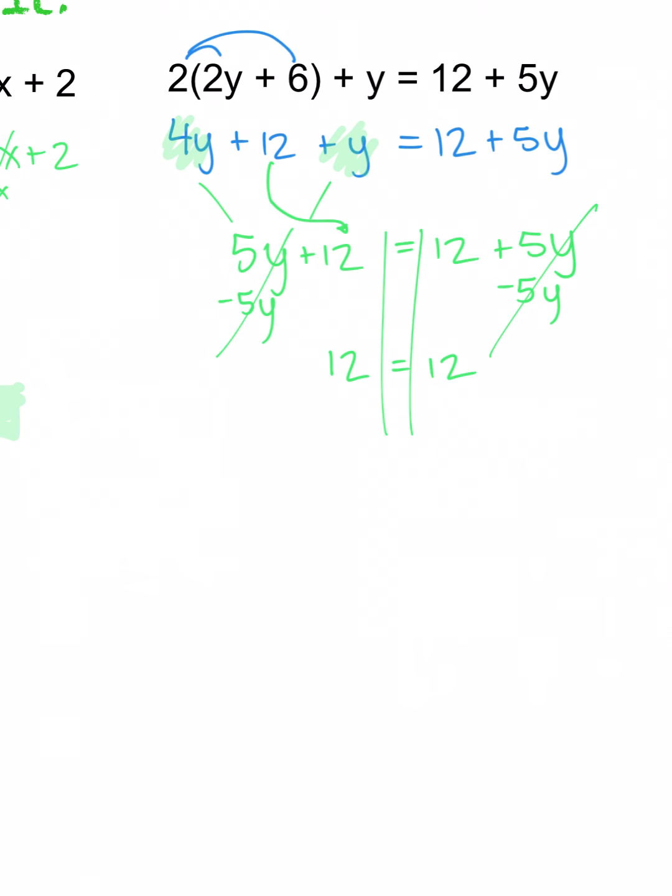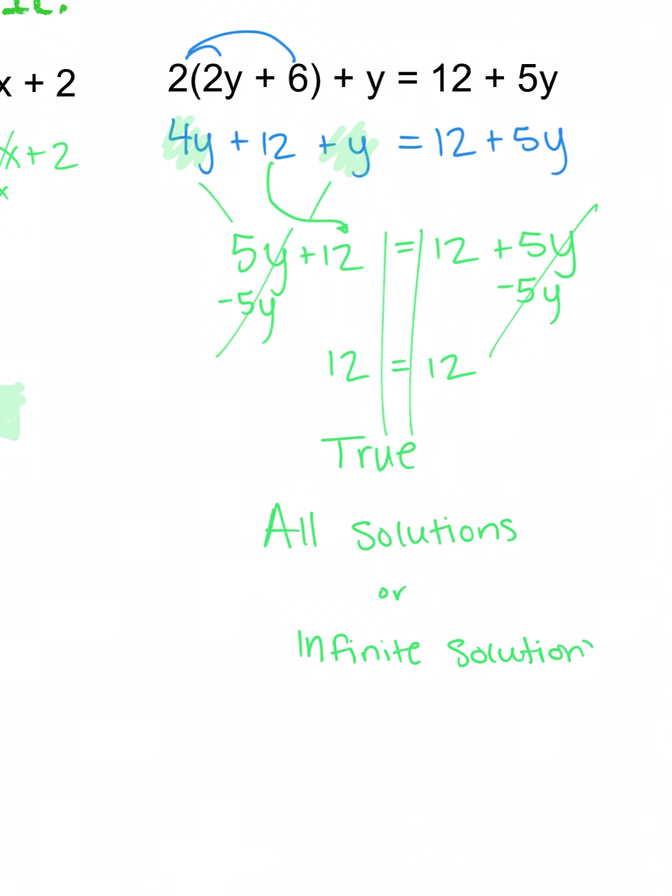Is this a true statement? Yes, this is true because 12 equals 12. So we would say all solutions, or you could say infinite solutions. Either one of those is your answer.